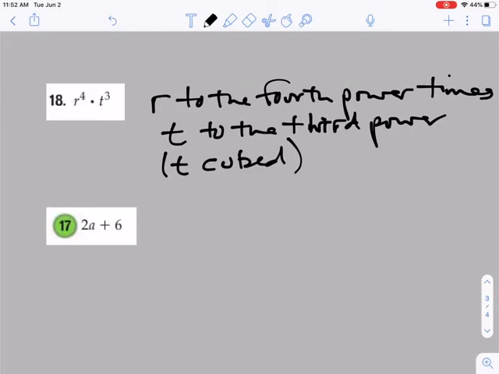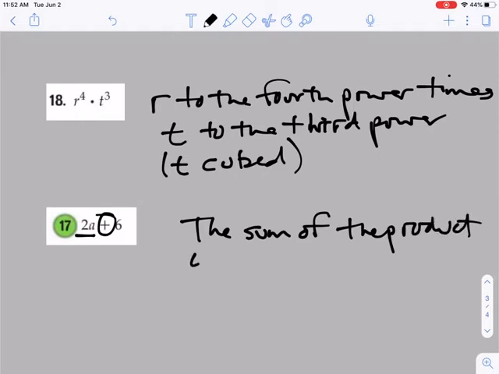All right, we got this next one, number 17. Look at the overall operation: we have a sum, right? So you could say this is the sum of, and then what are the two parts? Well, the first part is the product of 2 and a. It's 2 times a. And the second part is 6. So let's say the sum of the product of 2 and a and 6.